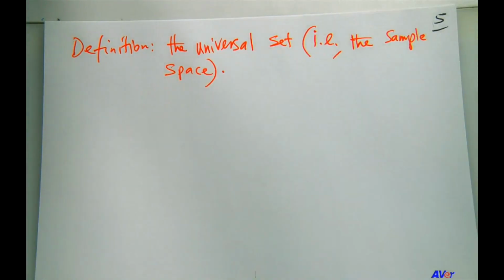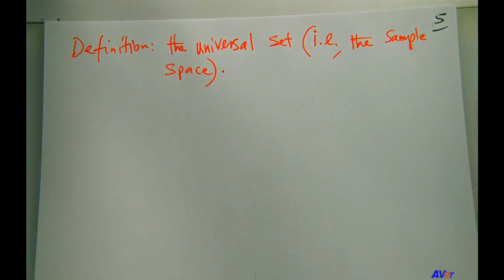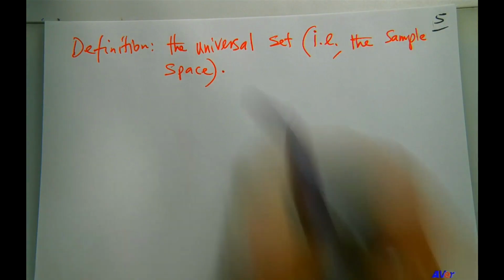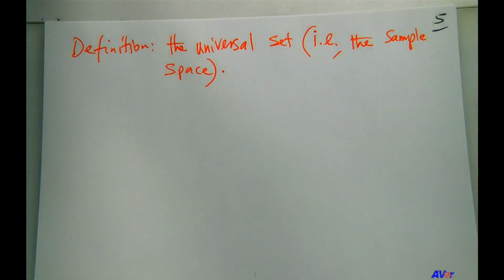So when I was taking these classes as an undergraduate, they referred to this as the sample space most commonly. But nowadays, textbooks also refer to it as the universal set.